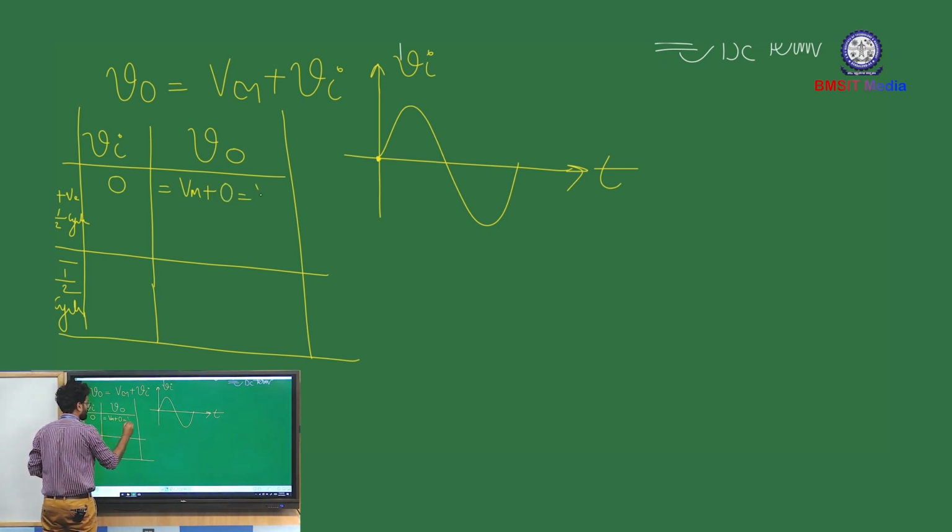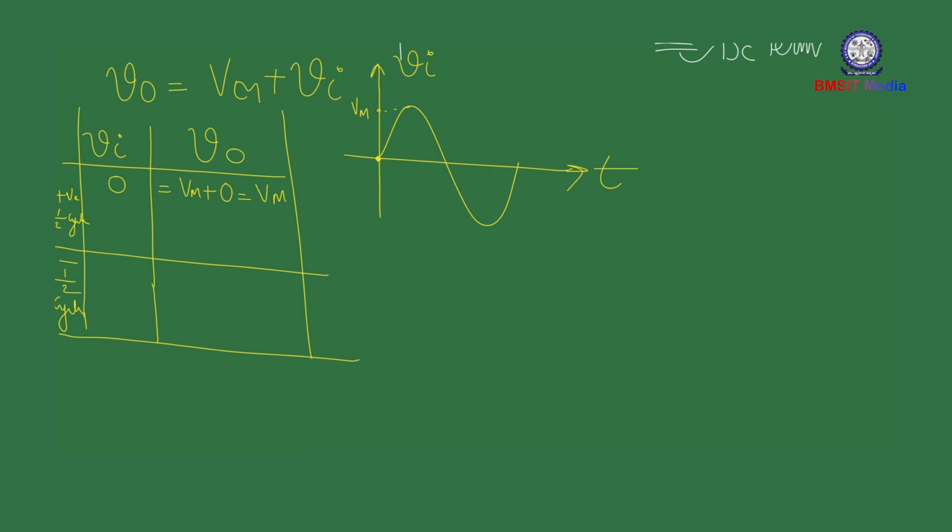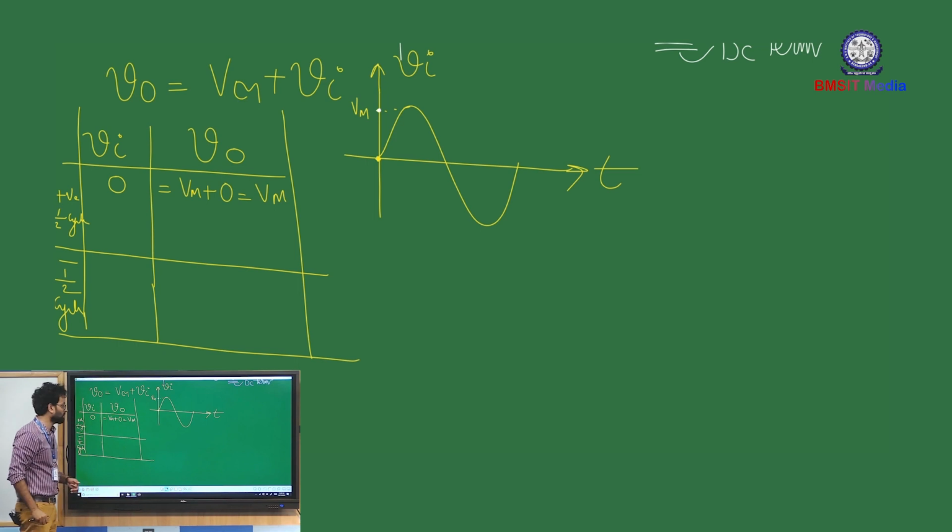So your output is at Vm, which is the maximum value of the input waveform. So when your input attains 0 volts, your output attains the Vm value.